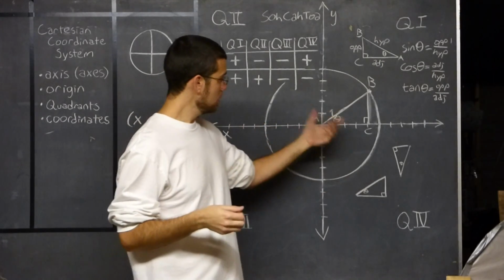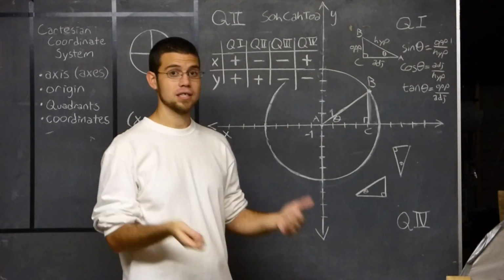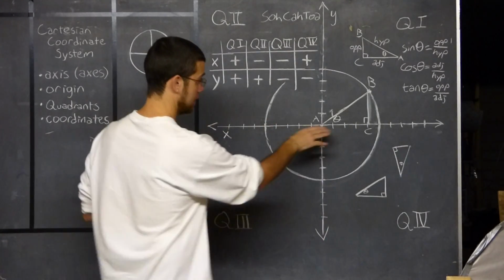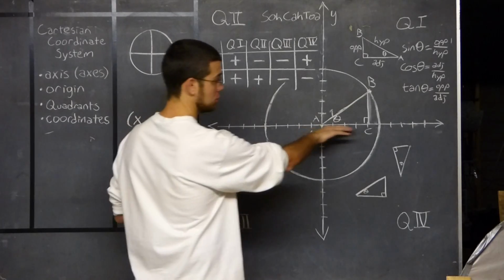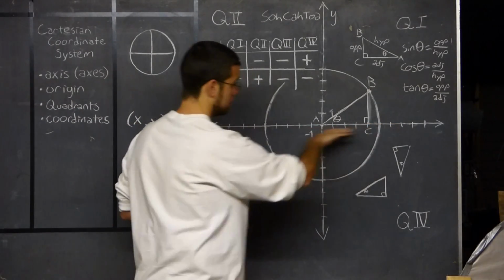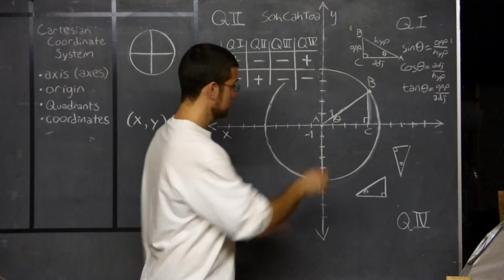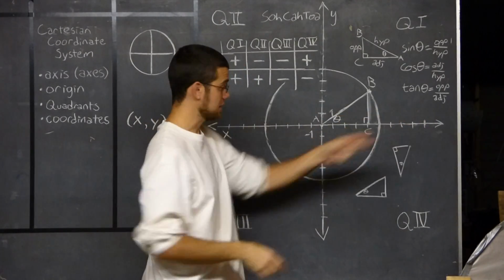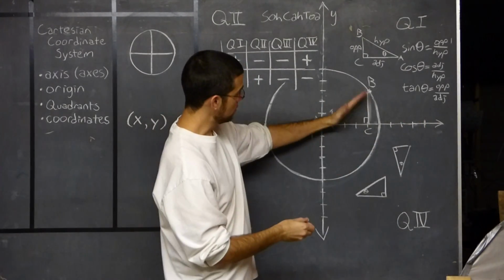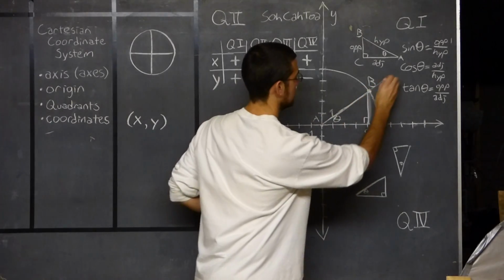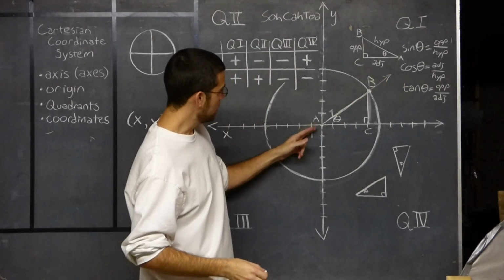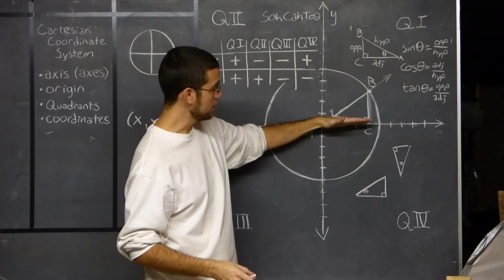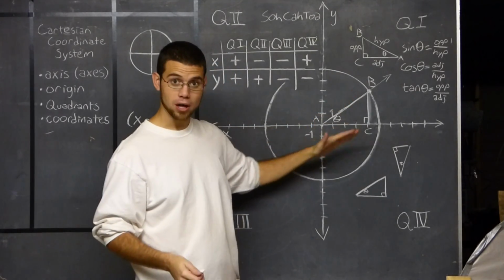So, now angle theta is located so that it is in standard position, which means that its initial side is the x-axis, starting at the origin, and then the terminal ray of that angle, ray AB, has rotated counterclockwise, so it's a positive angle.